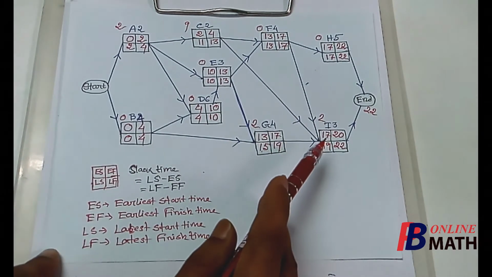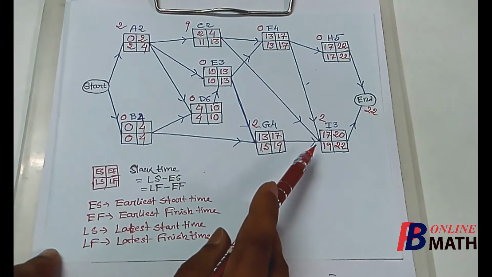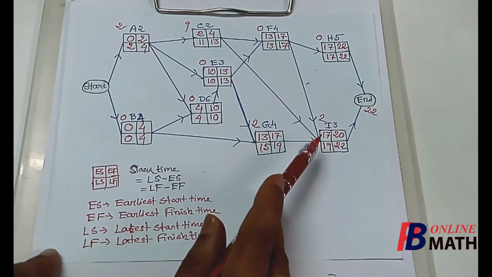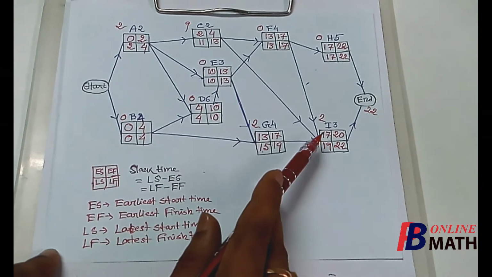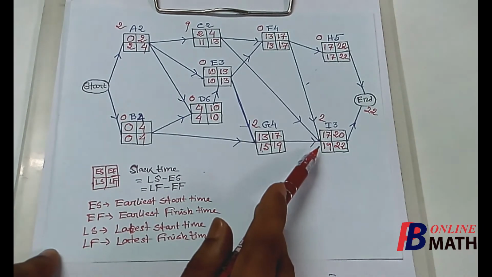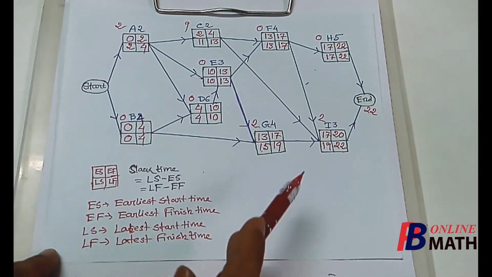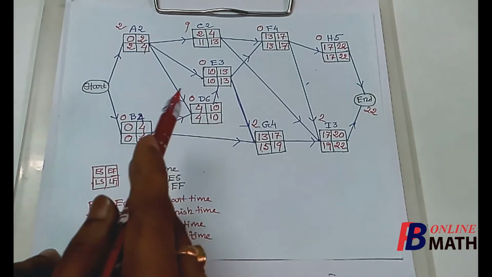Also, if we consider the activity I, we find that the activity I must be started between 17 days to 19 days. So if we start the activity I between 17 and 19 days, then we can finish the project within the 22 days.